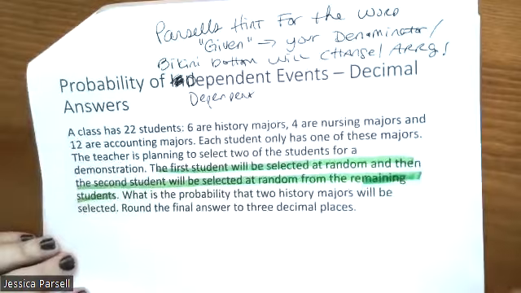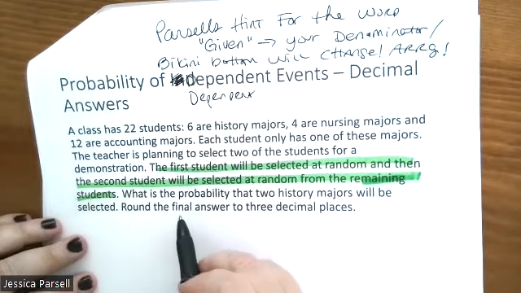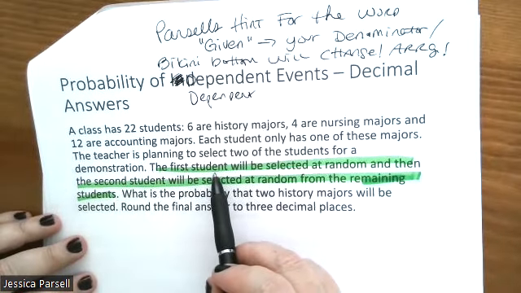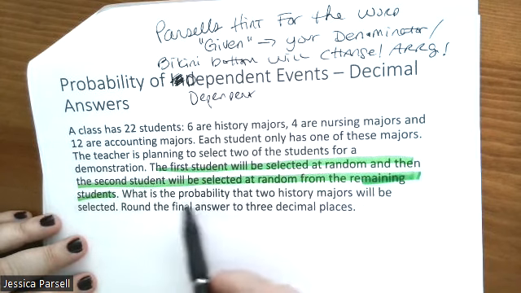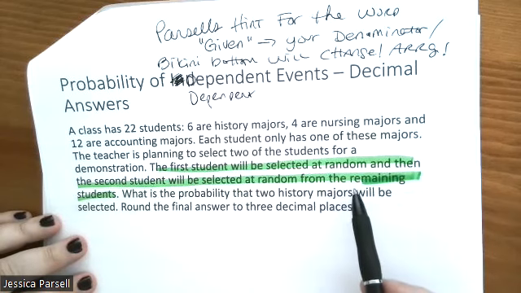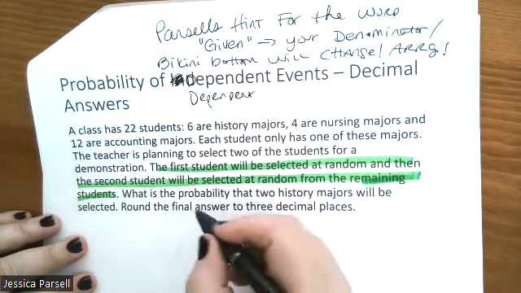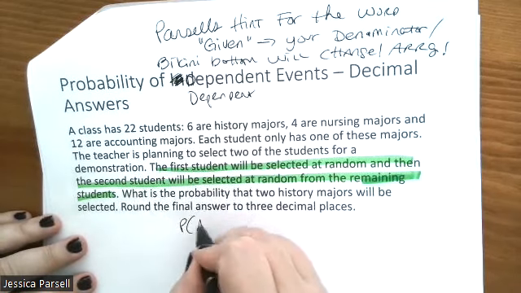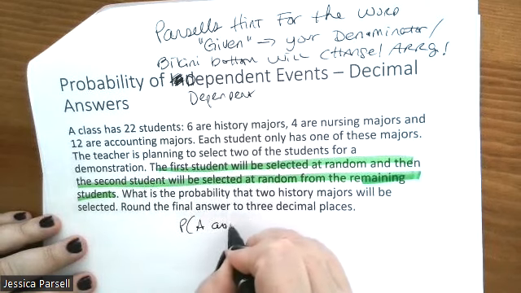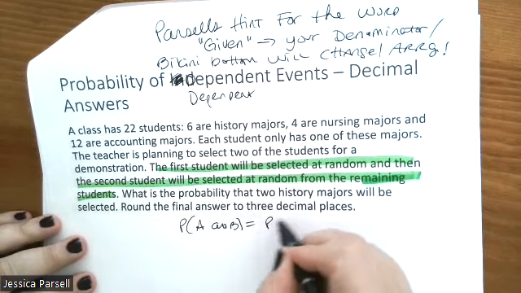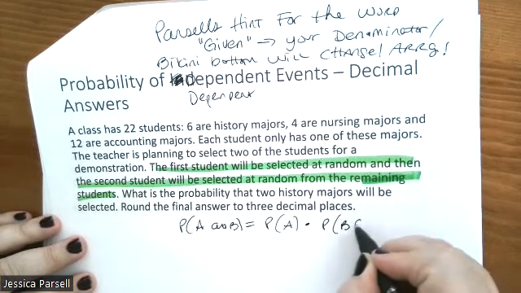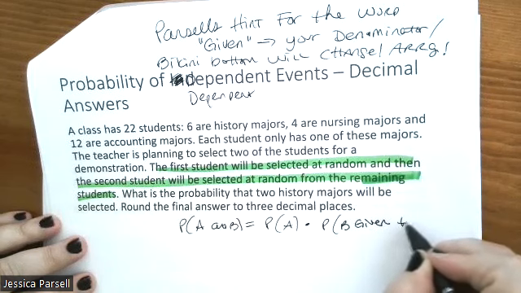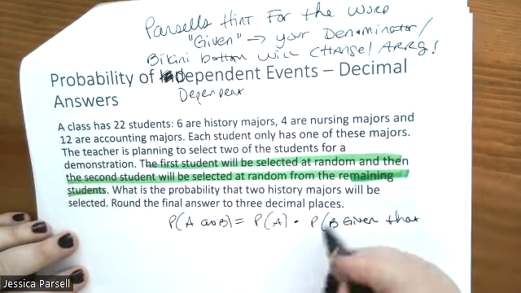Okay, so these are dependent events because after they select the first student, it's going to change the denominator. And then there's less people there when they go to select that second student. Okay, so it's the probability of A and B, which is the probability of A times the probability of B, given that A has already occurred.